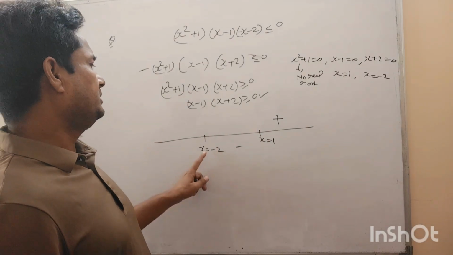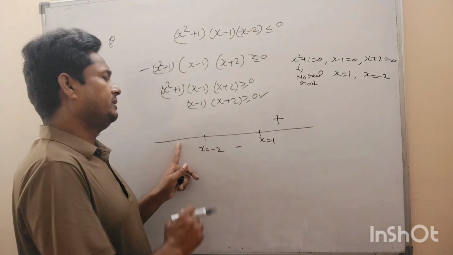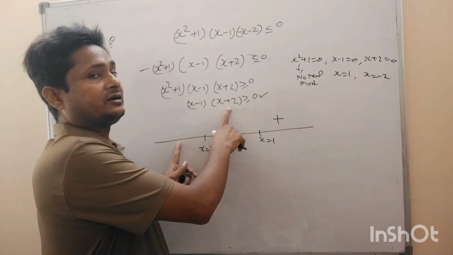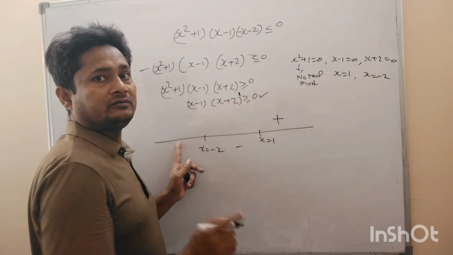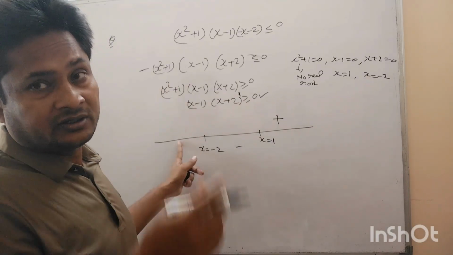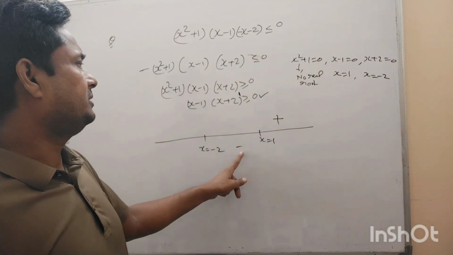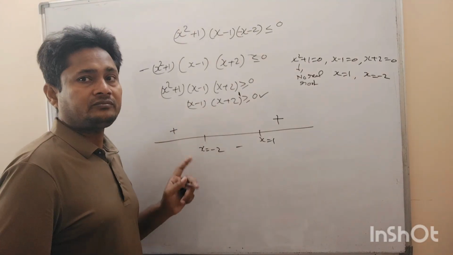Now see the sign in this interval. x equals minus 2, the root came from this factor, and this factor has power 1. 1 is odd, so again the sign will change. Here it is minus sign, so here it will be plus sign again.